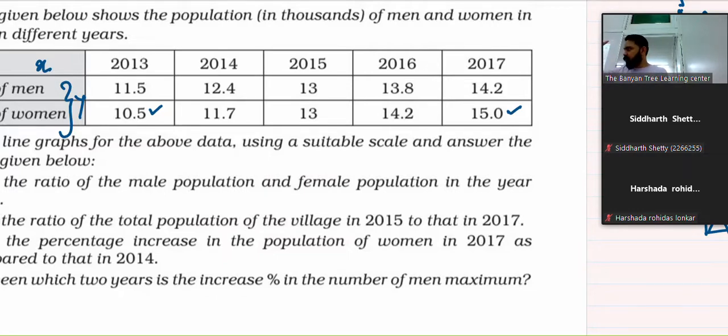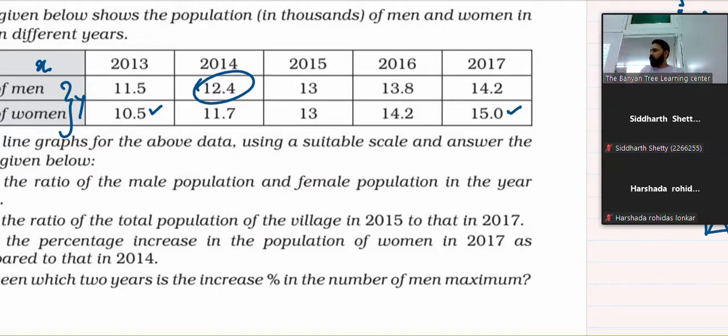It can easily fit. Now you will wonder about how to find 12.4. You can easily find it. Between 12 and 13, you see the small lines. On the fourth line there will be 12.4, and similarly 13.8, 14.2 and 11.5. You can plot all of them.